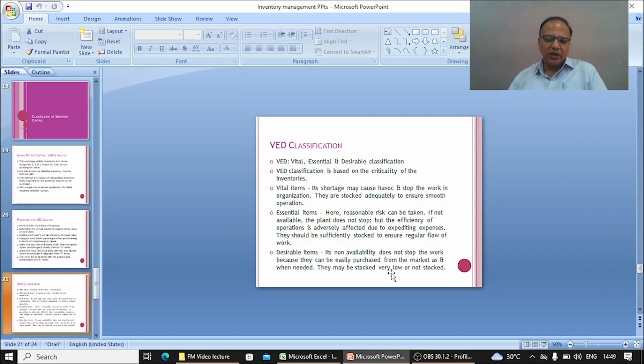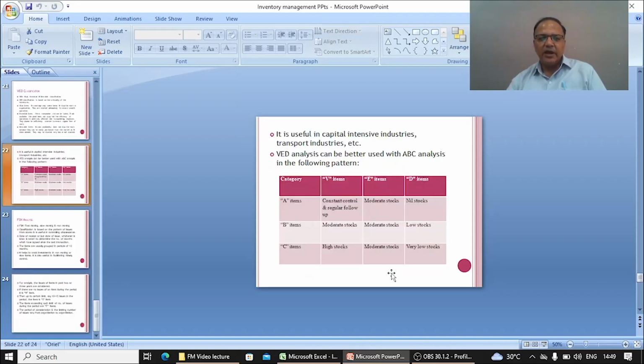And you can purchase them from the market as and when needed, because they are easily available and the supply condition of these items is very good. These are desirable items. It is useful in capital intensive industry.